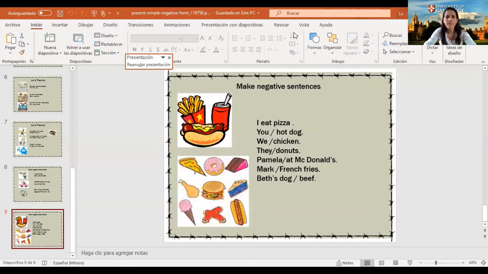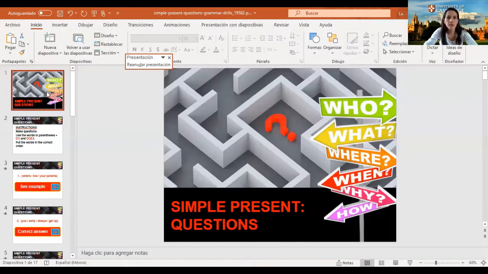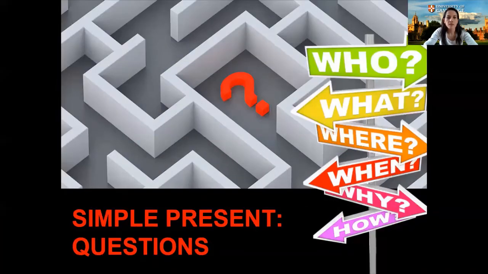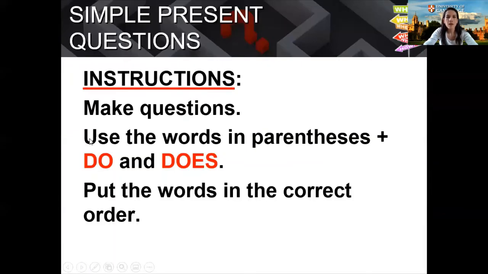Now we are going to revise how to make questions in present simple. Okay, we are going to use these slides. Present simple questions. For making questions, we are going to use do and does.